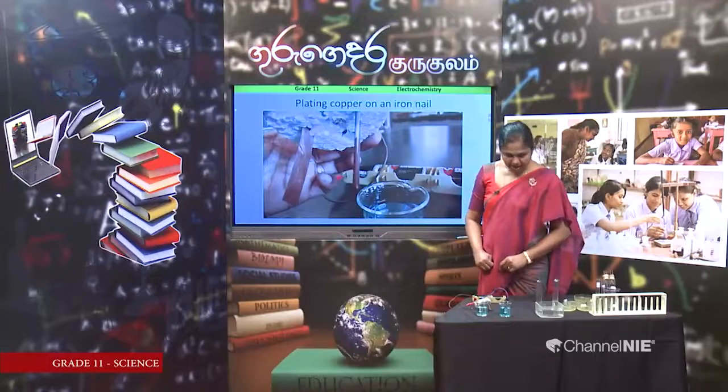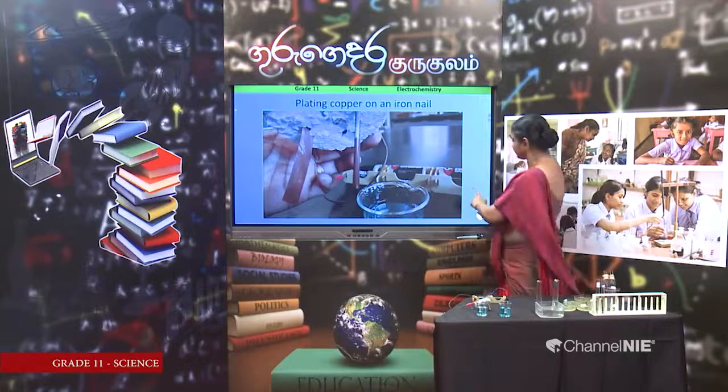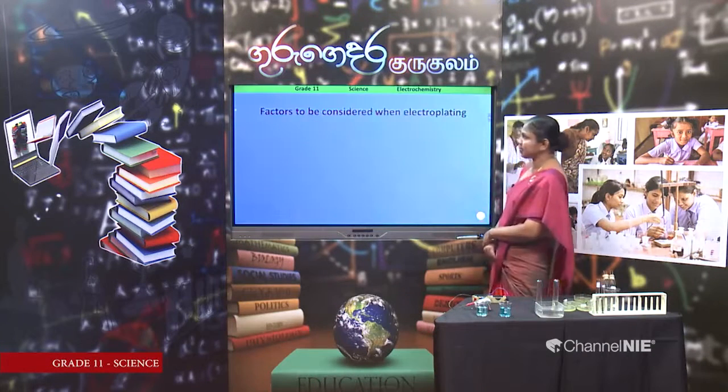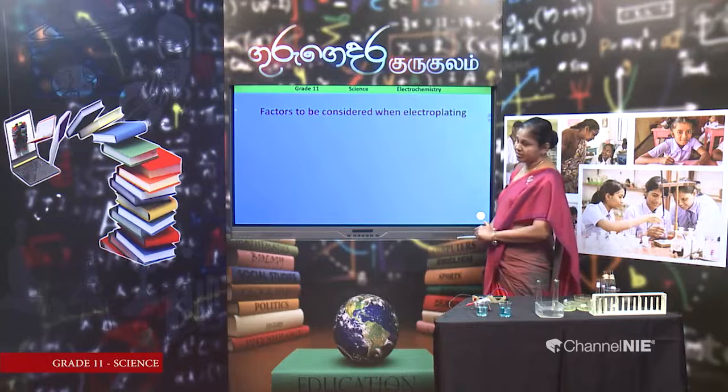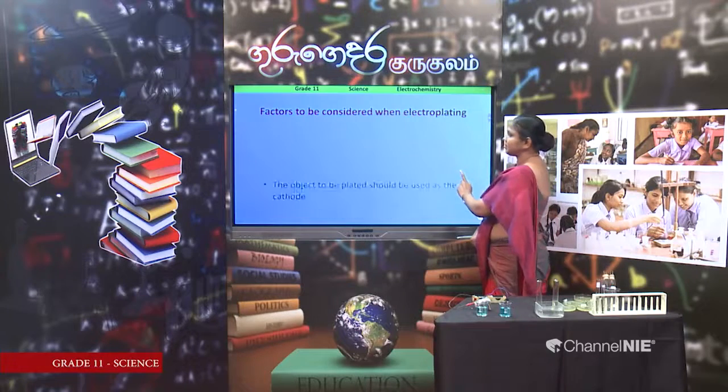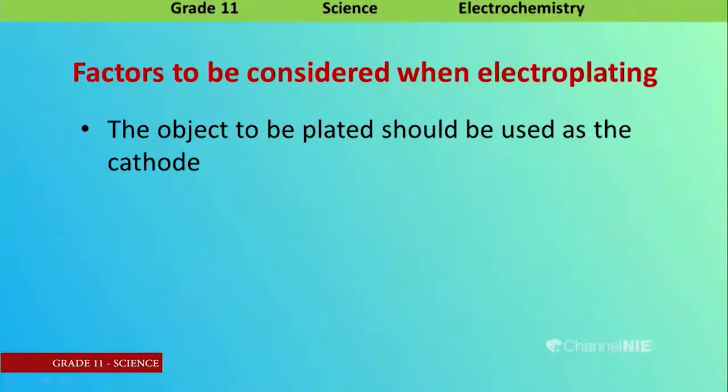Okay, right. Now, we are moving to the factors to be considered when electroplating, children, right? First, the object to be plated should be used as the cathode, right?